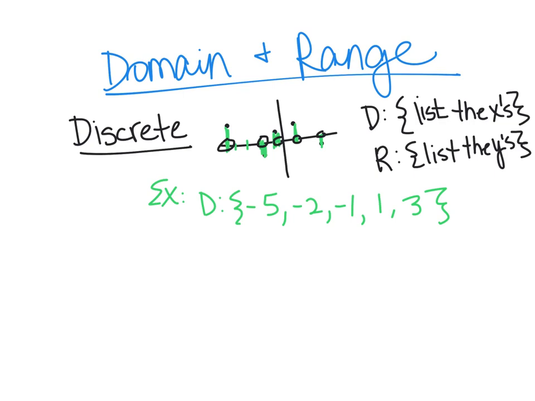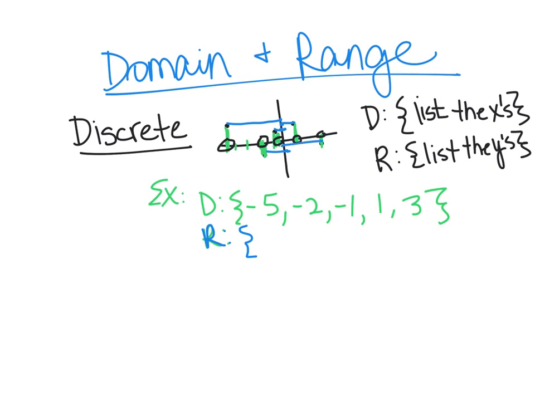All right, and our range is going to be, let's do this in blue. The range will be listing the y's. So if this would be one of the numbers, this is a number, this is a number, this was one, and this was one.